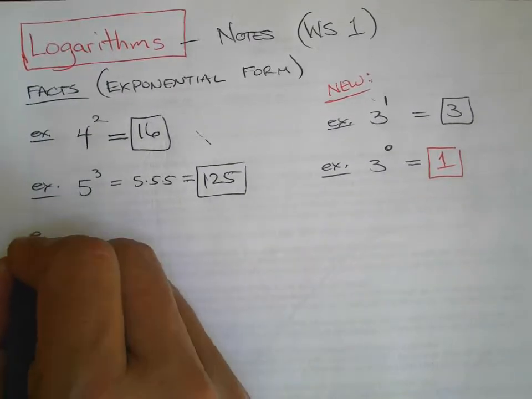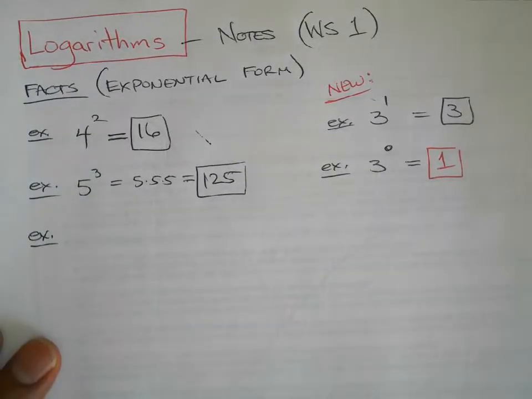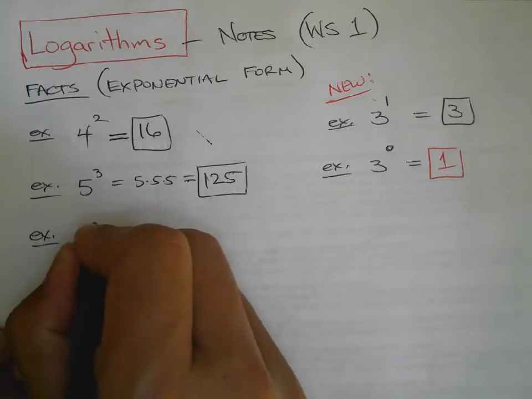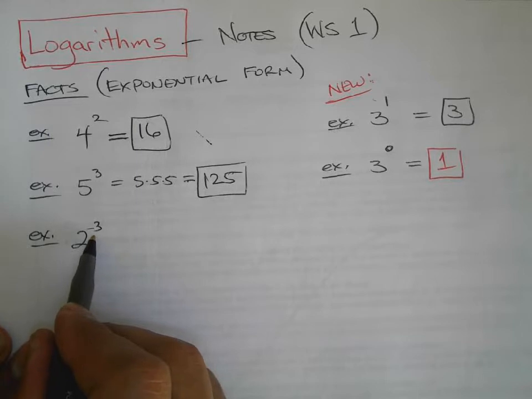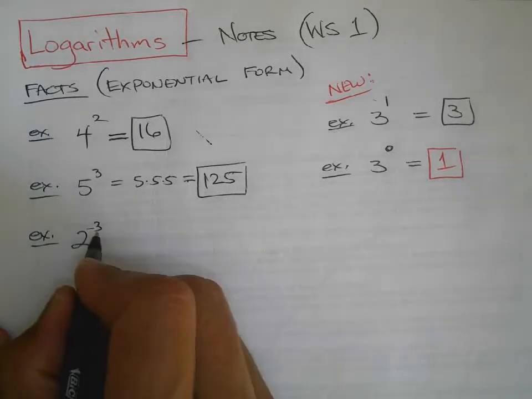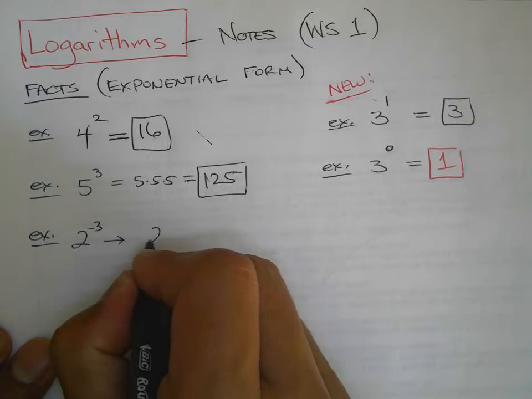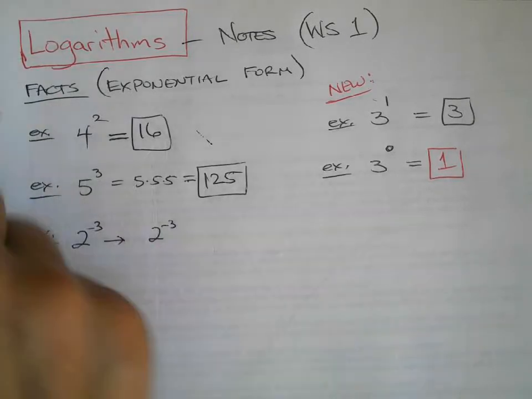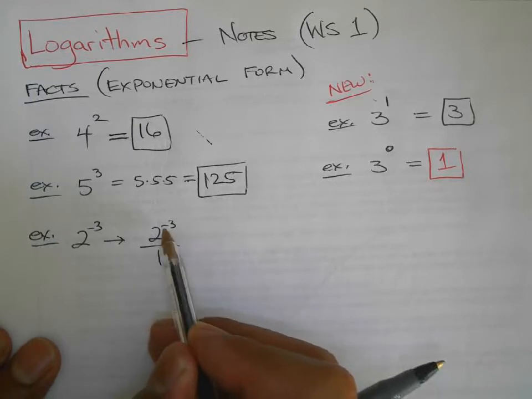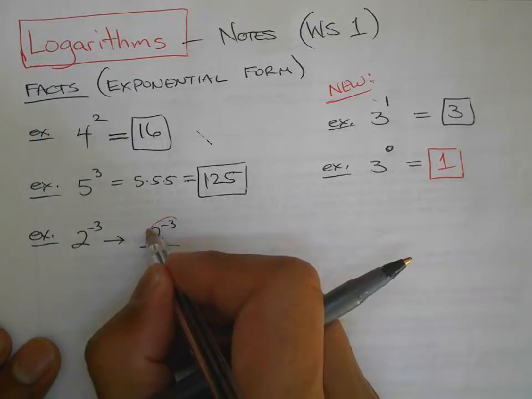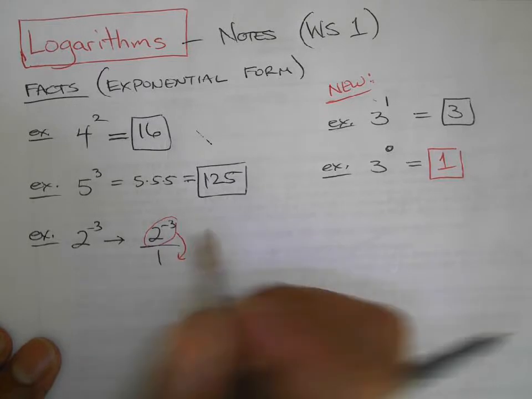Let me just review a couple of examples we did with negative exponents. How about 2 to the negative 3? Well, remember, we have to convert this to a positive. So that was 2 to the negative 3. You put a 1 under it. And remember, you have to move the exponent and the base and move it down.